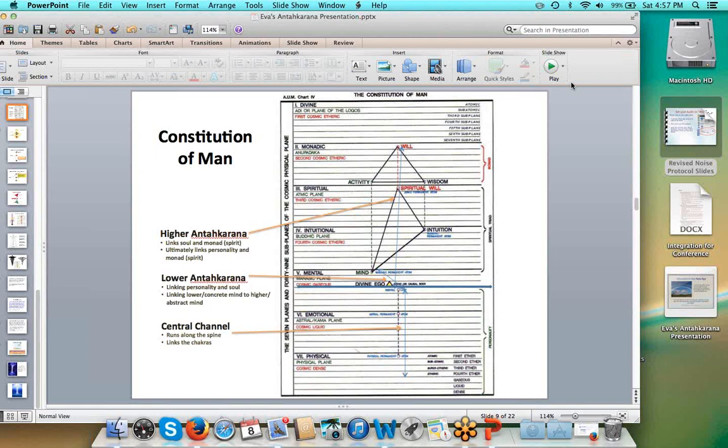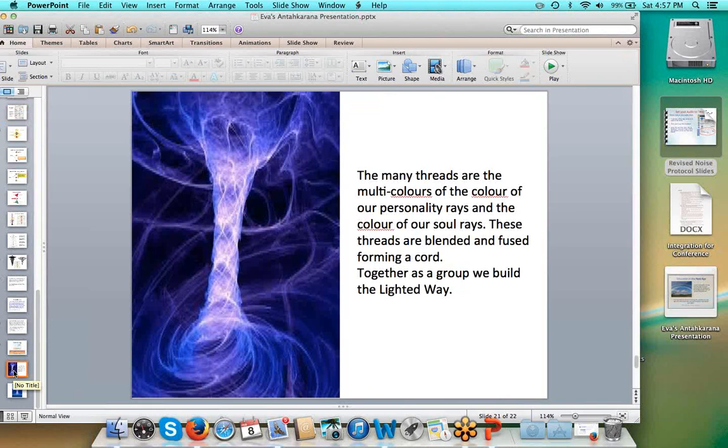So then I work with both those colors, and I put them side by side, and I even twist them like a rope. I see those colors almost like neon. They are so bright, so alive, so lighted, that those are my individual colors, because it's my soul ray and my personality ray.